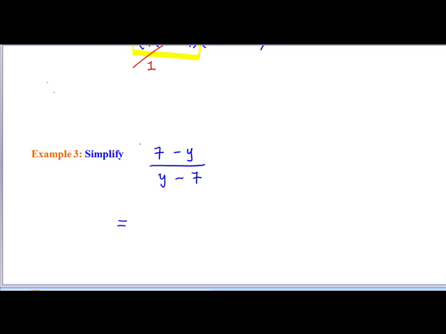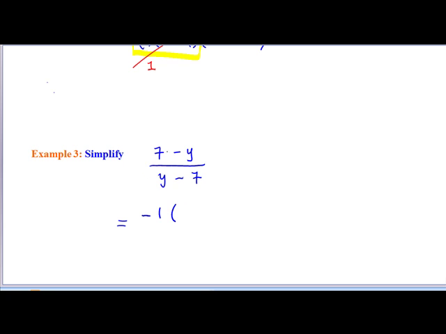You see, they have positive 7, minus y, positive y. When you have this kind of problem, you can factor out the common factor. How you simplify this problem is to try to factor out the minus 1.